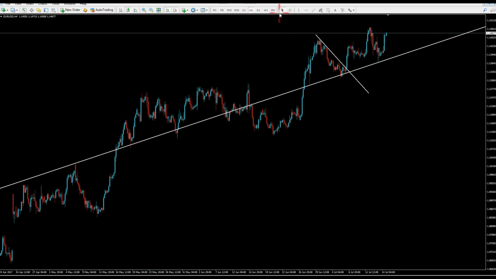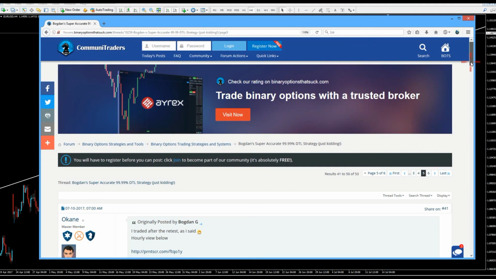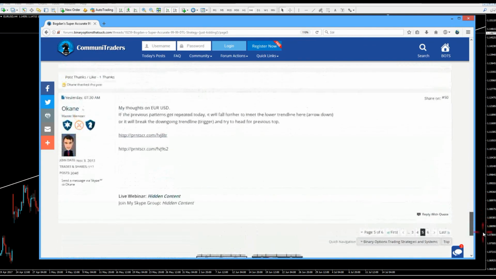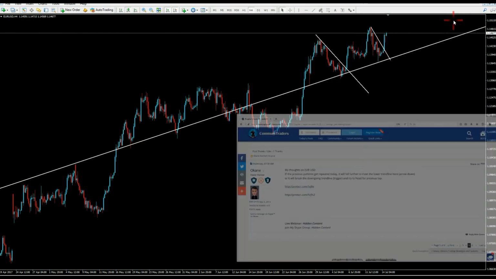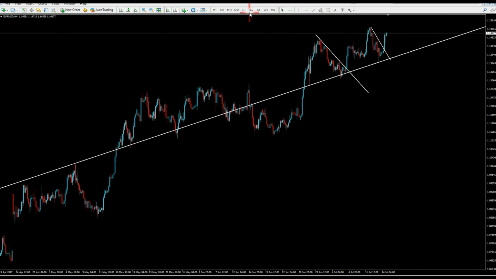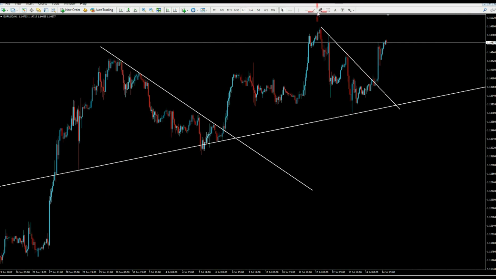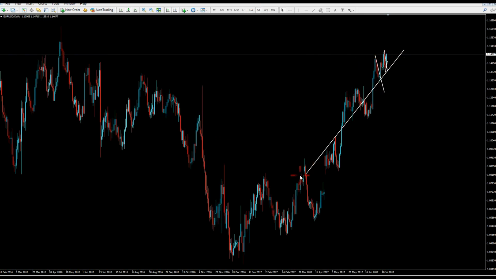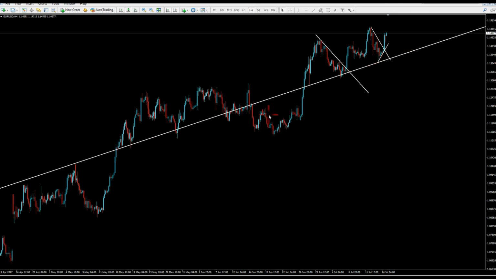So we were expecting this, and I shared this in my post. Here I shared this before it happened, that we could be expecting something like this. Keep an eye on it, either a breakout down or a breakout up. So what I was waiting for was either a breakdown, in which case price would try to reach down this very strong trend line based on daily and 4-hour time frames.